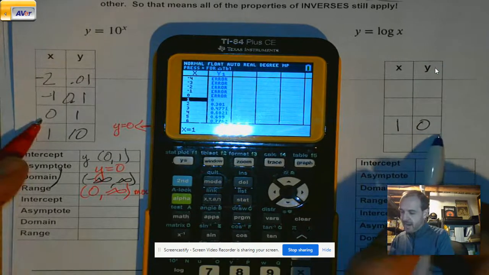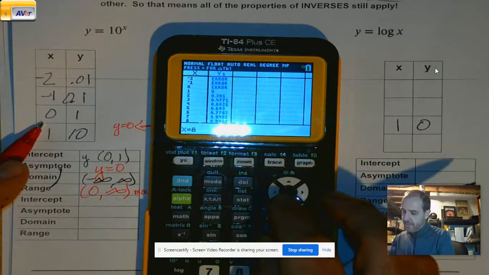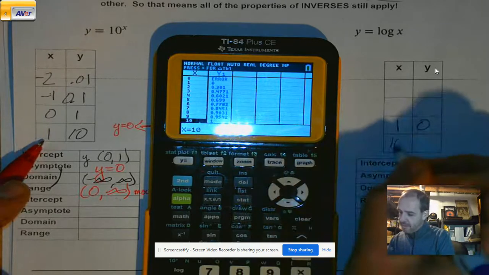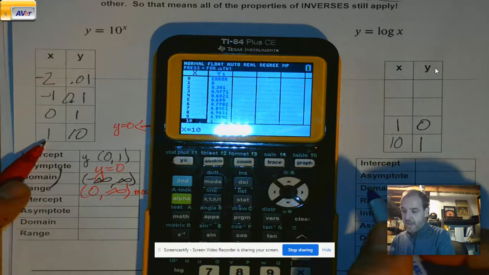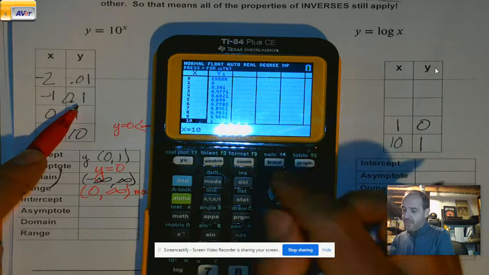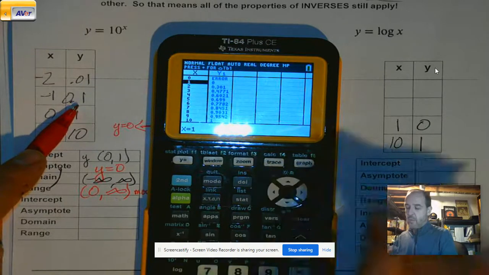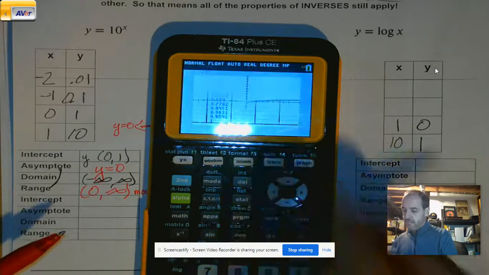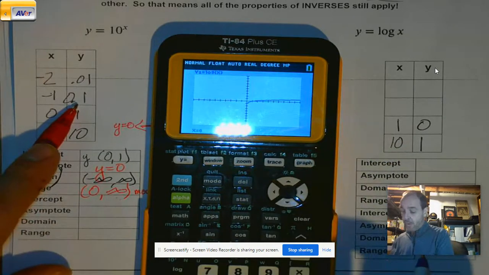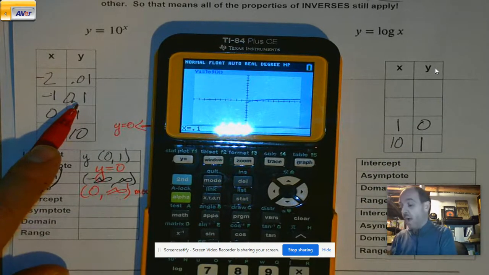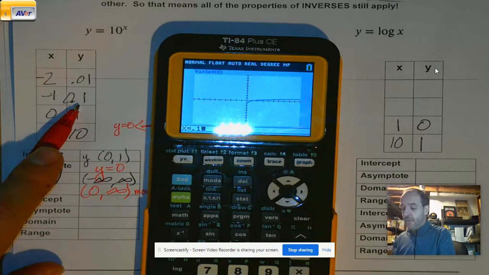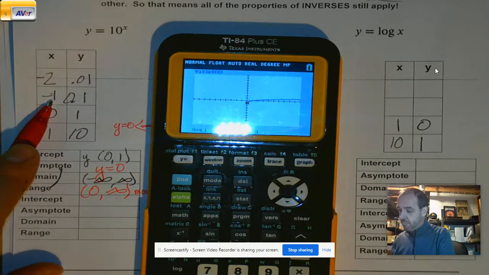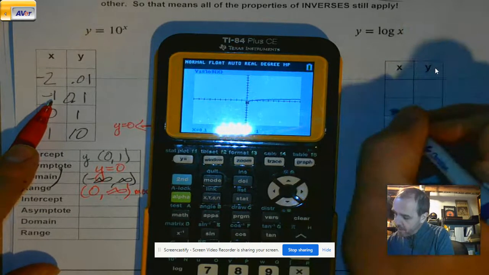You're like, okay, I see that, but hang with me. 10, 1. You're like, okay, but I don't see the other ones. Now remember, we can look up any point by hitting the trace button. So if I hit trace, and I hit 0.1, because remember, x and y swap on an inverse, I'm willing to bet you negative 1's going to come up. Oh, amazing.